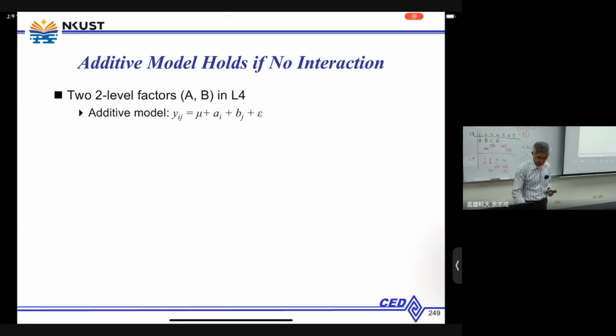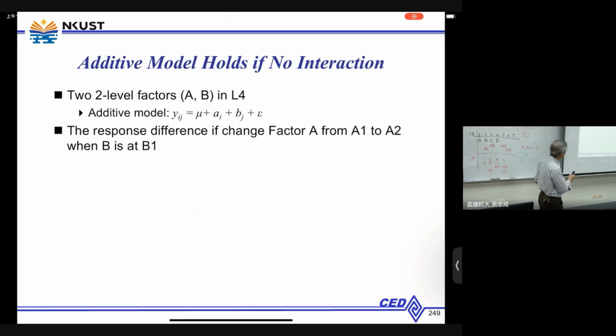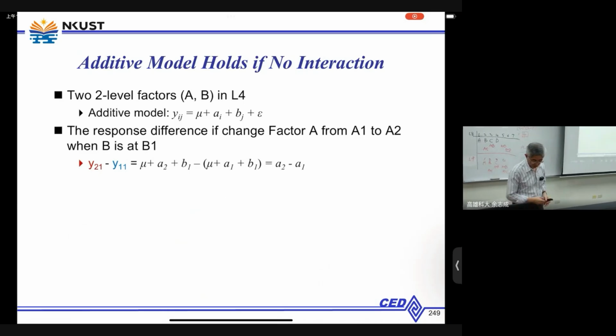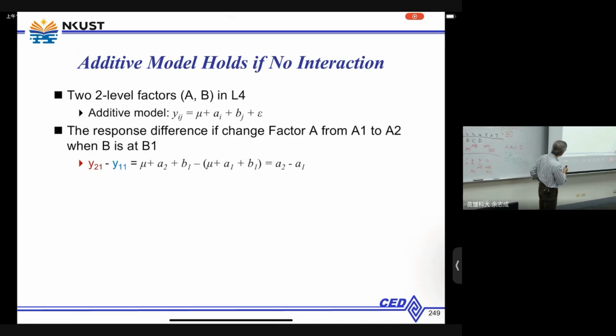Consider the last page, when I change A1 to A2, when B is in B1, what will be the difference if I use this additive model to predict? We can substitute that into the equation. The difference will be Y21 minus Y11, right? Because factor B is in level 1. Here Y21 is A in level 2, Y11 is A in level 1.